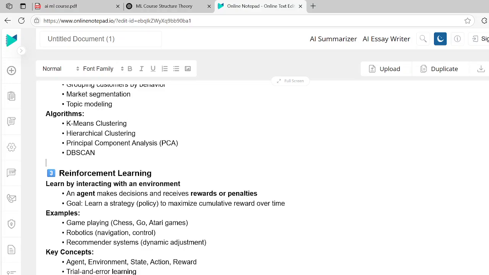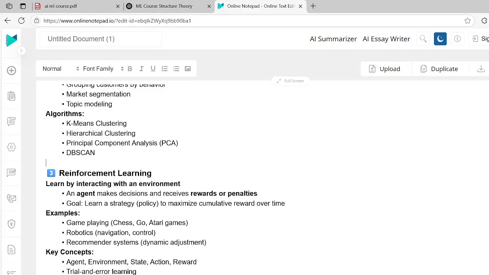For example, we have game playing where we play chess, we play Go, we play Atari games. We have robotics where we have navigation, control. We have recommender systems with dynamic adjustment. So these were a few examples where we use reinforcement learning.